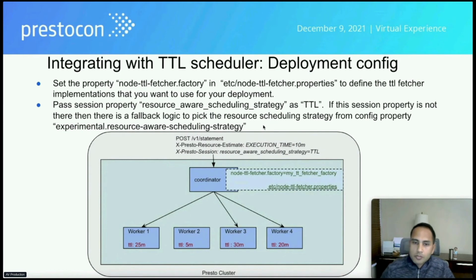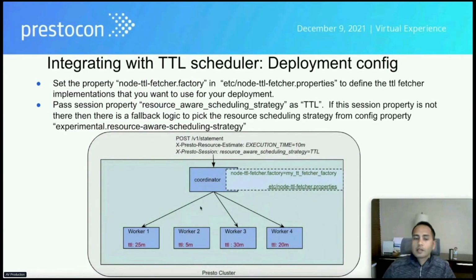So just to demonstrate how it would look end-to-end using TTL-based scheduling. Let's say a query comes with an execution time estimate of 10 minutes and resource-aware scheduling as TTL.